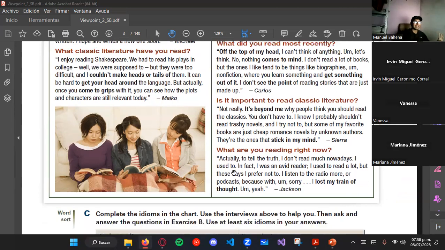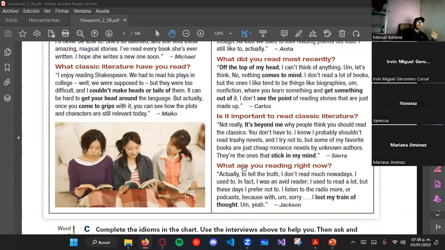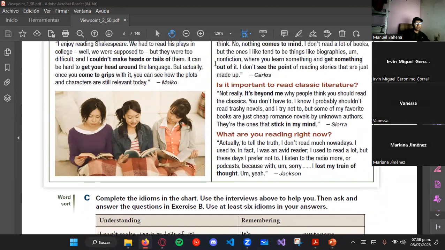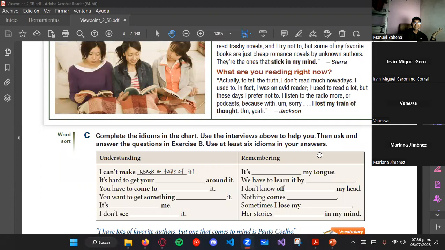Perfect. All right, guys. So now, as you may know by this point, all the highlighted words, like it's beyond me, stick in my mind, lost my train of thought, come to grips, are idioms.